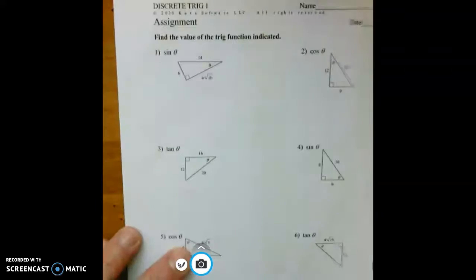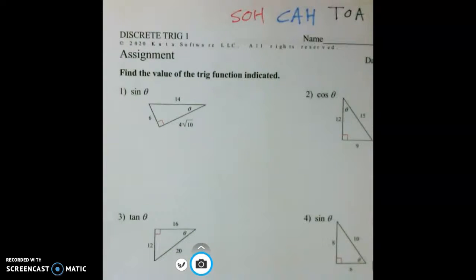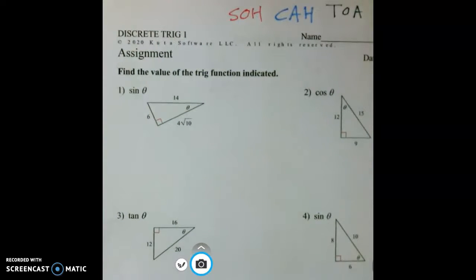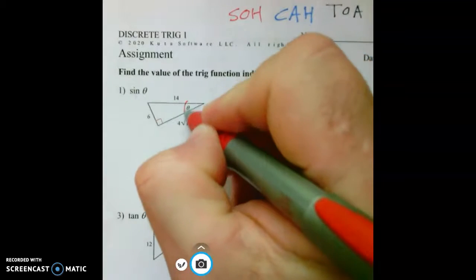So, back to the worksheet. Okay, I'm going to do a couple of these. Right, I want you to do them yourself. So in this case right here, sine of theta, we'll stay with the red. So we have our theta right here.